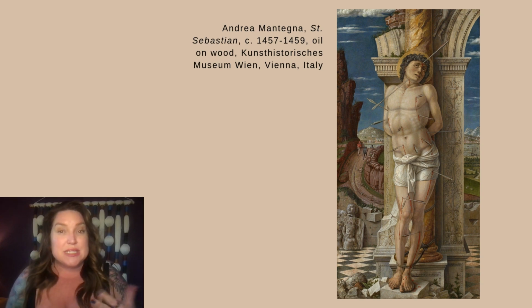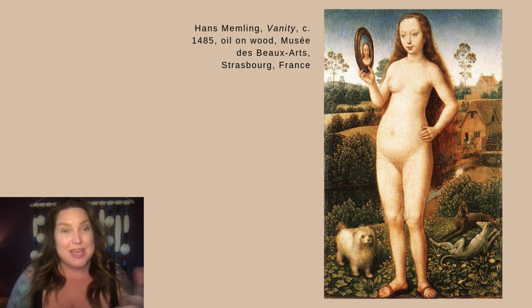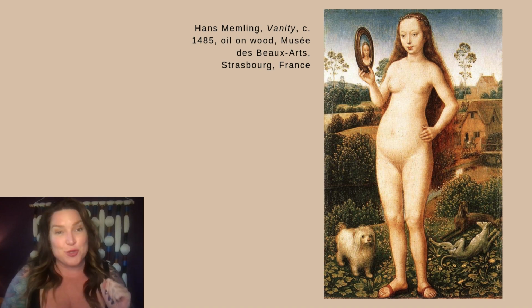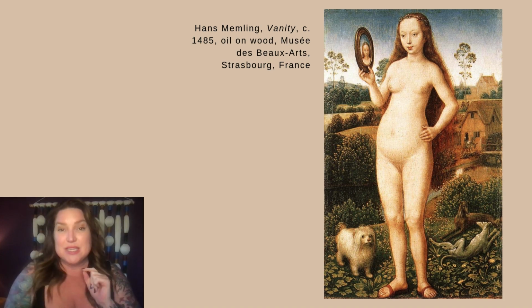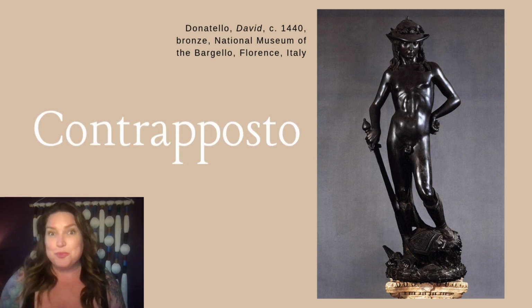So we're going to see a return of classical nudity. So in classical Greek and Roman statuary, we see a lot of nudity, and we'll see that return in the 1400s. And we will see in sculpture human forms standing in a contrapposto position.